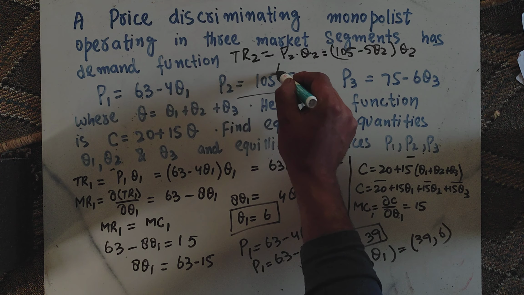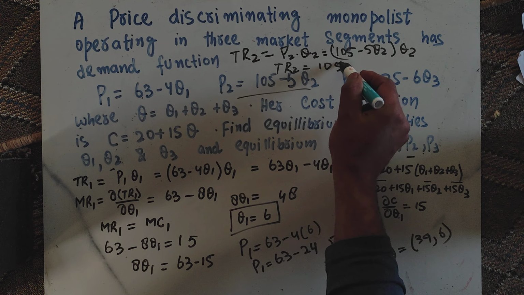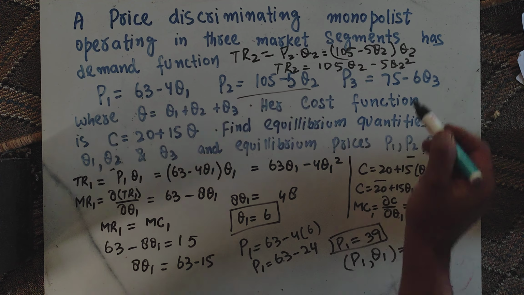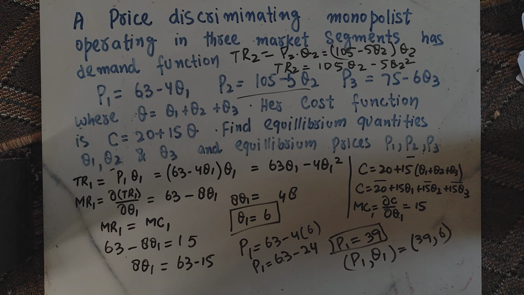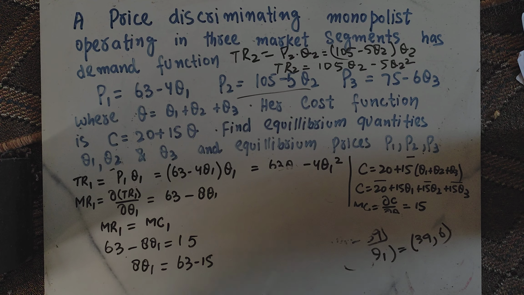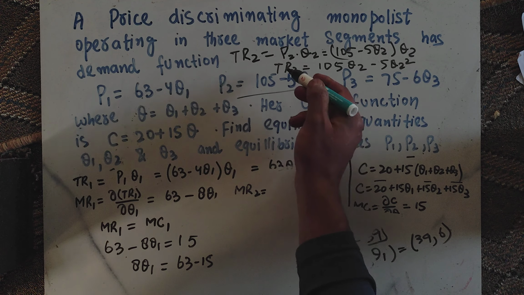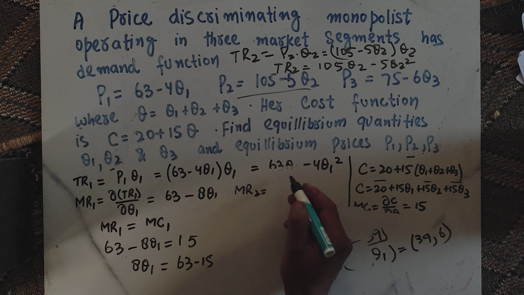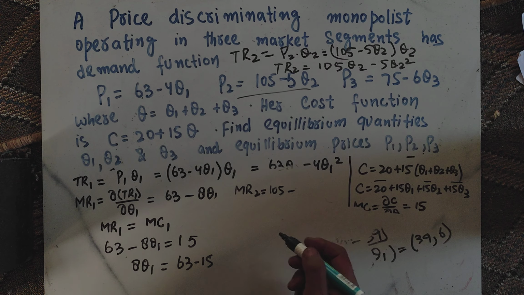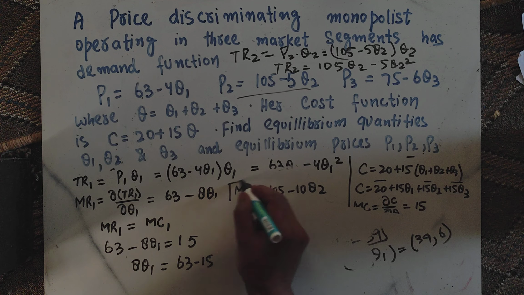So total revenue in the second market will be 105Q2 minus 5Q2 square. You can do it by yourself also, and let me show it here. The marginal revenue in the second market will be the derivative of this function with respect to Q2. The derivative of Q2 is 1, so we are left with 105 minus, the derivative of Q2 square is 2Q, so 2 into 5 is 10Q2. This will be the marginal revenue.